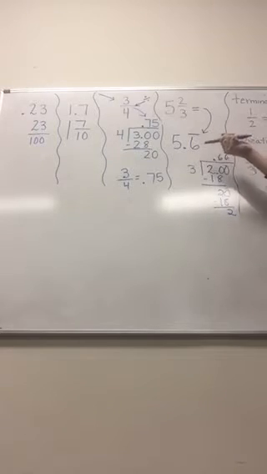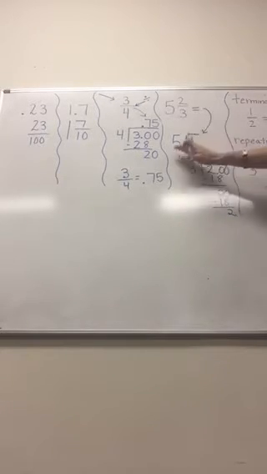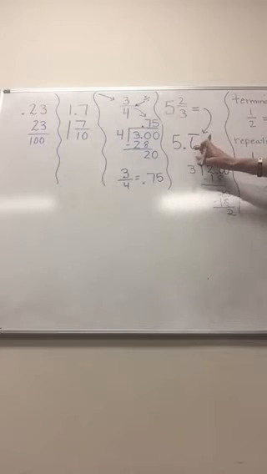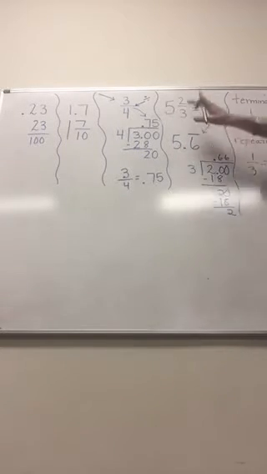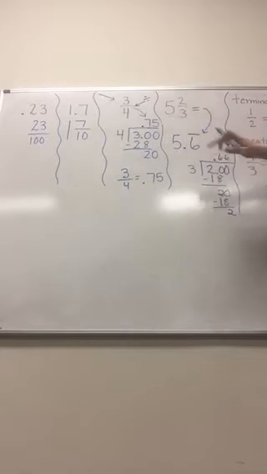Sorry, that does not say 100ths, forgive me, 6/10. That's what this decimal holds in its place, is tenths. So 5 6/10. That means that 6/10 is going to be similar to 2/3, because 2/3 is how we got there.